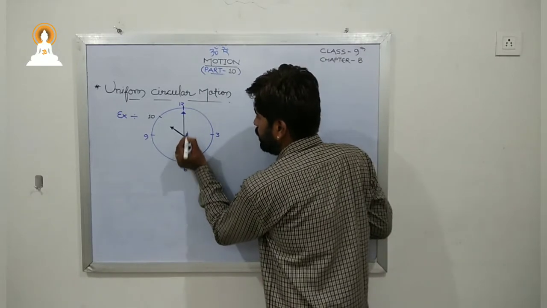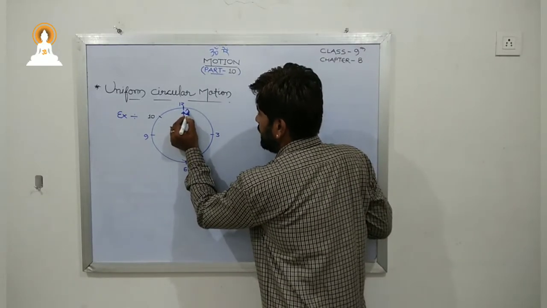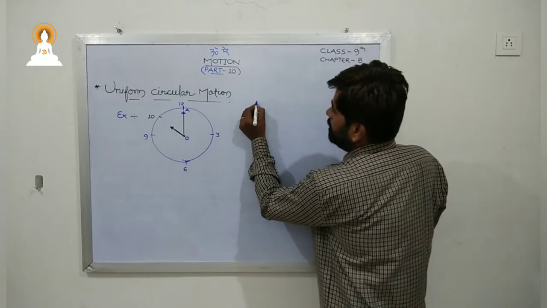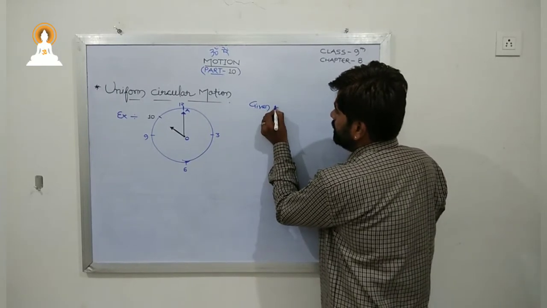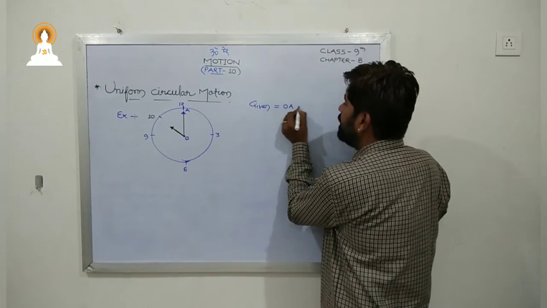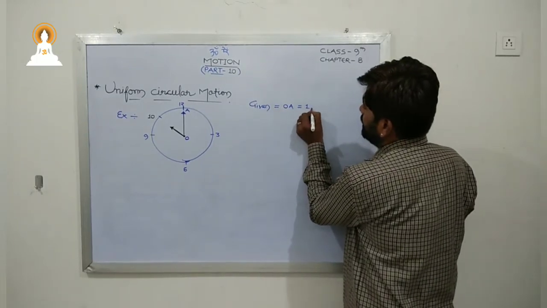Suppose this is O and this position is A. So they have given that OA is 10 centimeter.